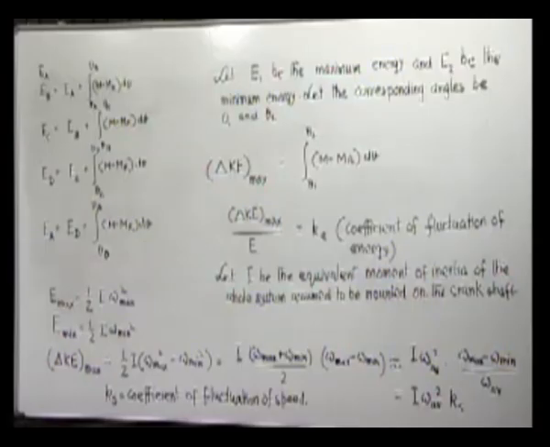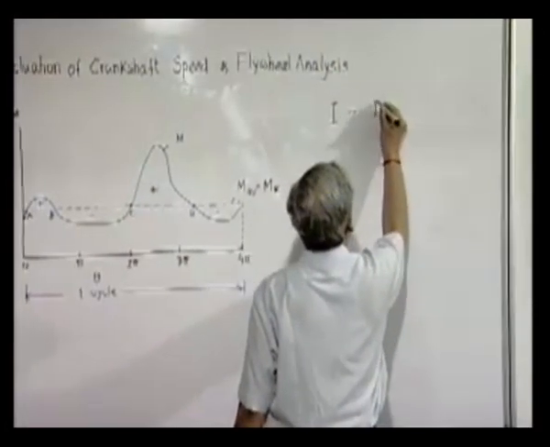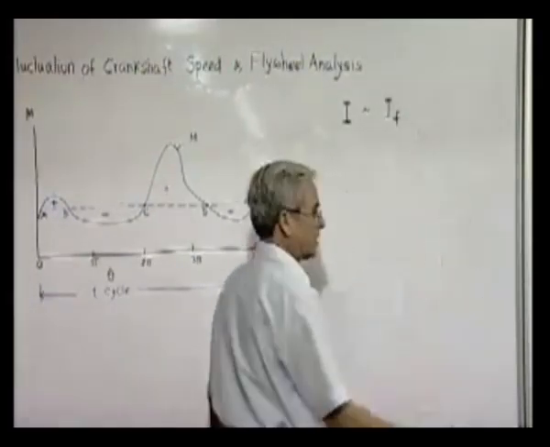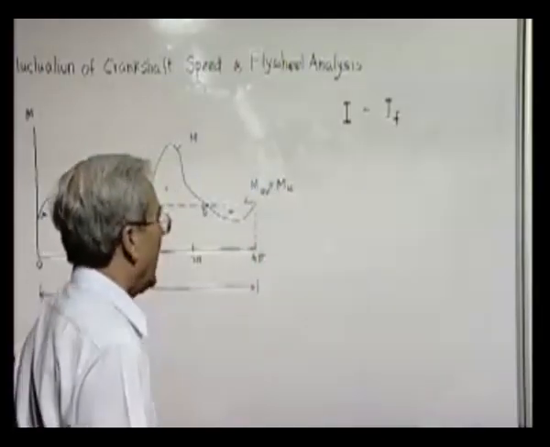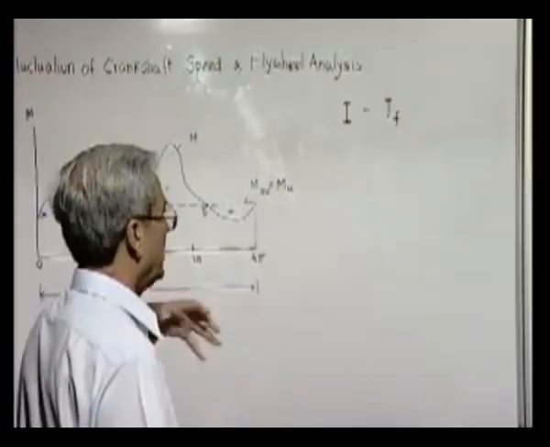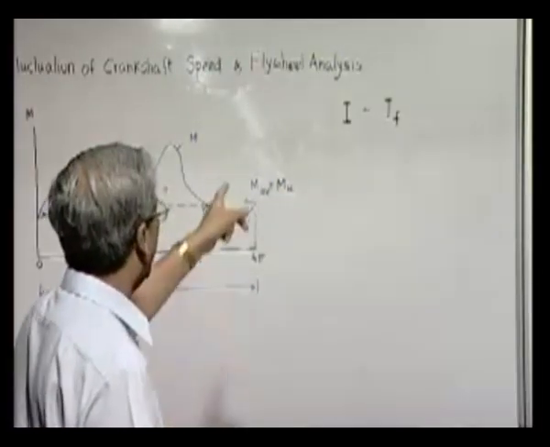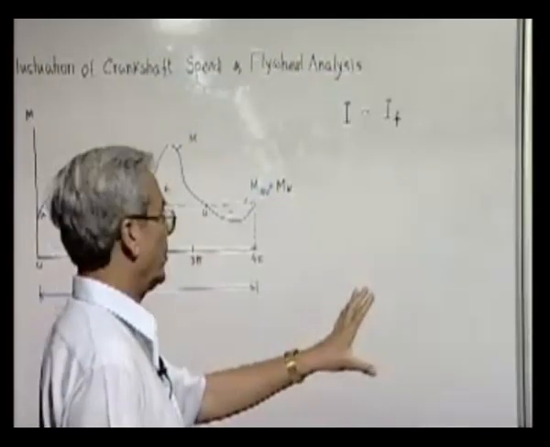So in most cases you can say I is approximately equal to the flywheel moment of inertia, because engines, connecting rod, etc., and the balancing masses which are added, they have inertia, but the real contribution to I comes from the flywheel which is attached to the crankshaft.